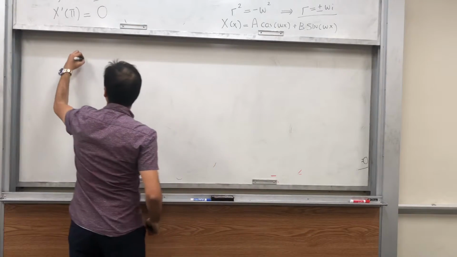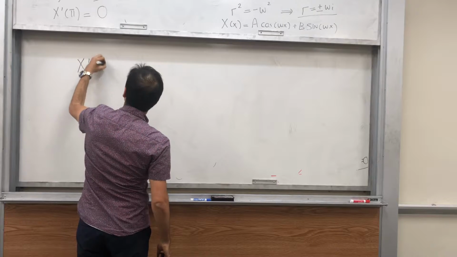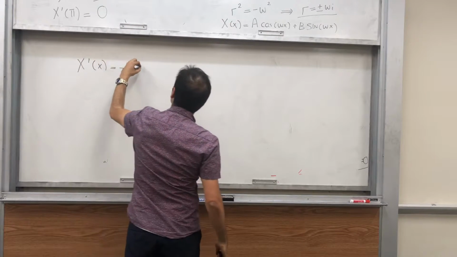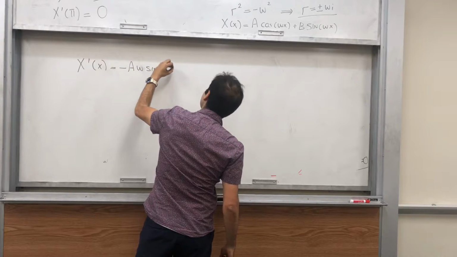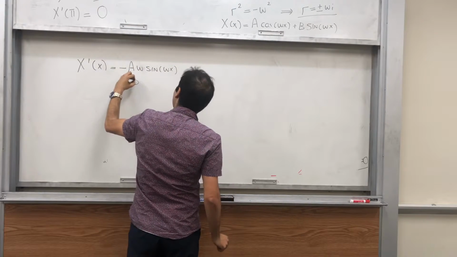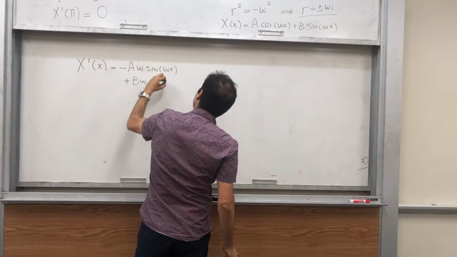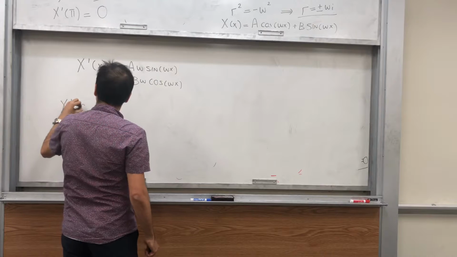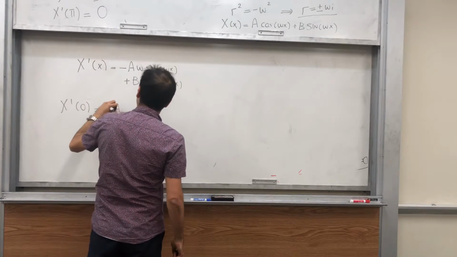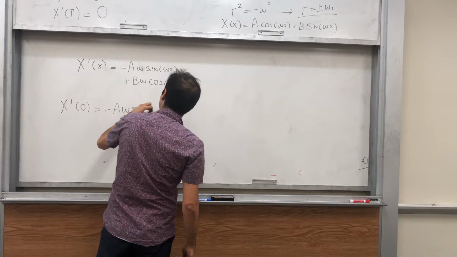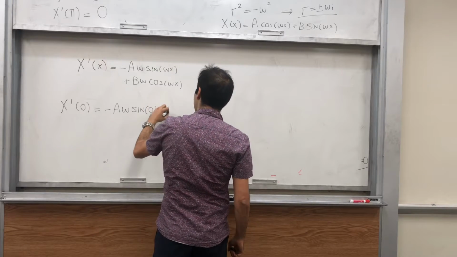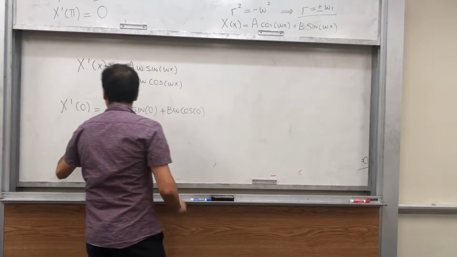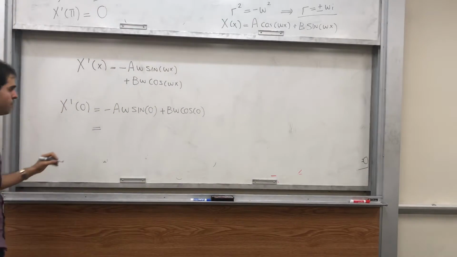So X prime of x, first of all, it's minus a omega sine of omega x plus b omega cosine of omega x. Well, X prime of 0, it's minus a omega sine of 0 plus b omega cosine of 0, which just simplifies to b omega.